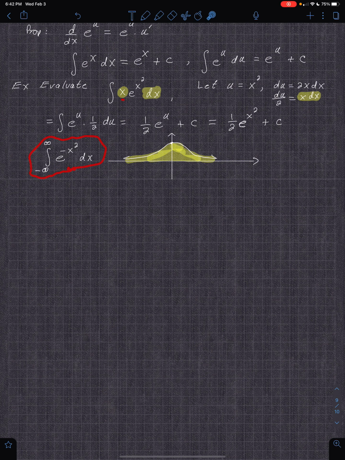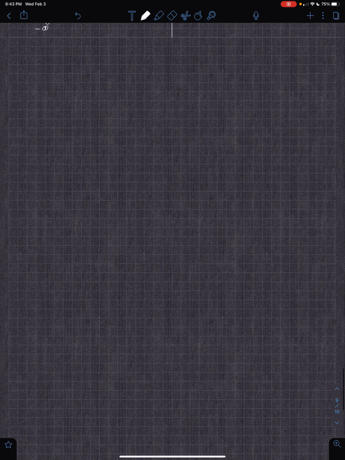I mean, you can evaluate it with infinite sequences and series and things like that and get as close to an approximation as you want. But it does not have a form to evaluate. Check that out. Okay, moving on.